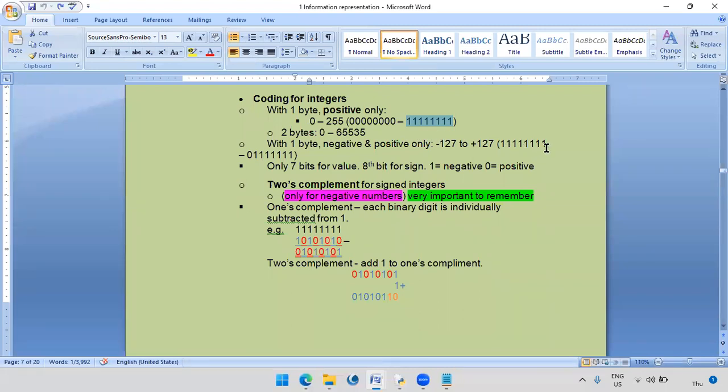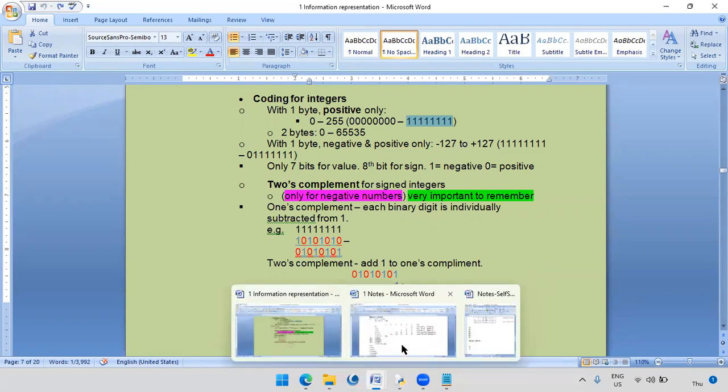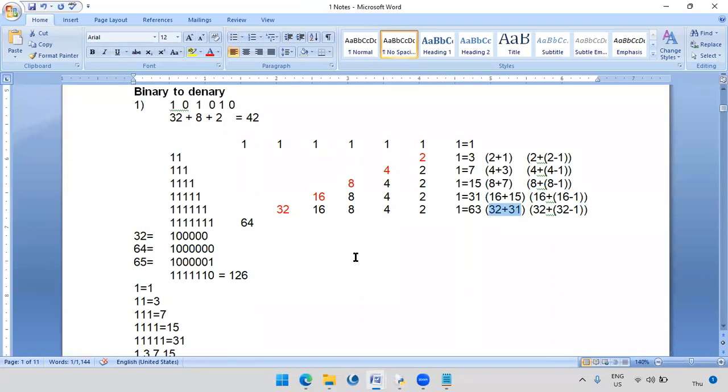This one, the sign bit, don't count. So let's take 1, 2, 4, 8, 16, 32, 64. 64 plus how much? 63. That's 127. So you don't calculate. If you have something like this, don't do any calculation, just use that method.